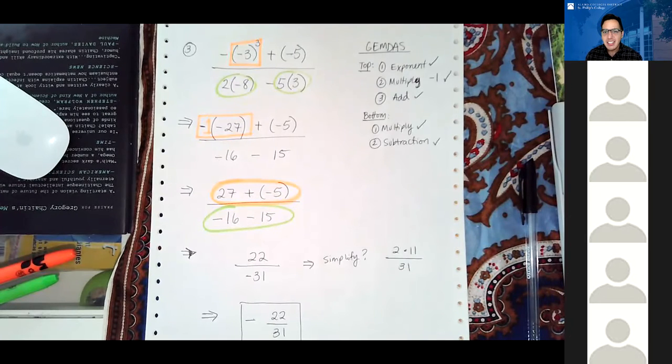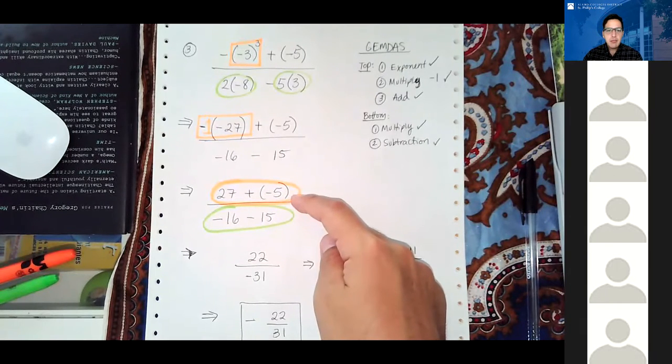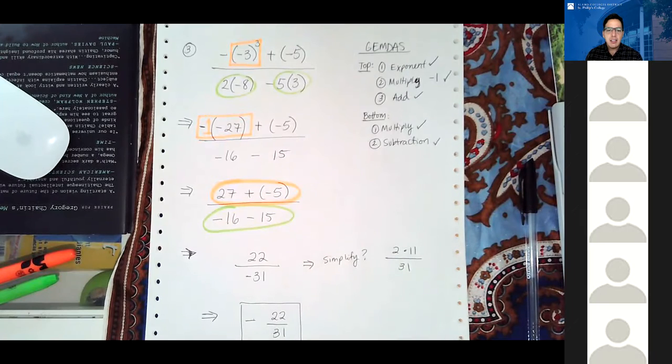Just to clarify, I messed up off the bat on the portion where I was supposed to add 27 plus -5, and then on the lower end too. So is it -16 minus 15? You got -31, not -1. Yes, exactly. That's what I got, -1 on that.